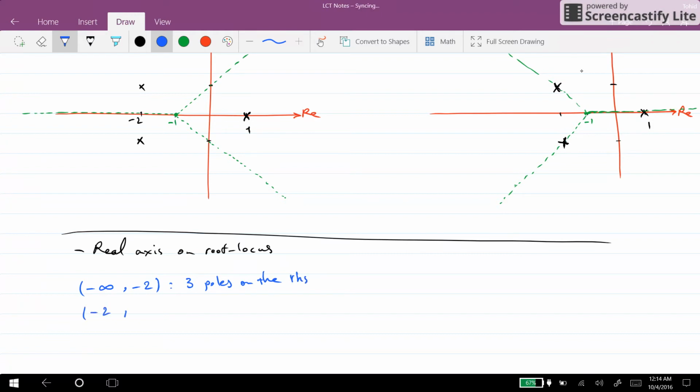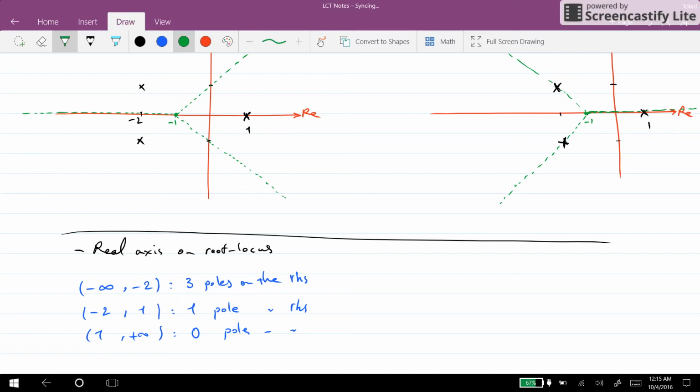From -2 until 1, we have 1 pole on the right hand side, and from 1 till infinity we have 0 poles on the right hand side.